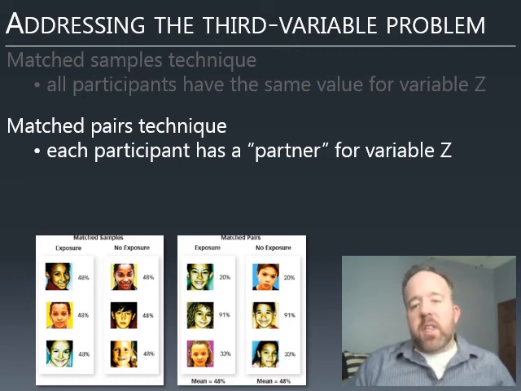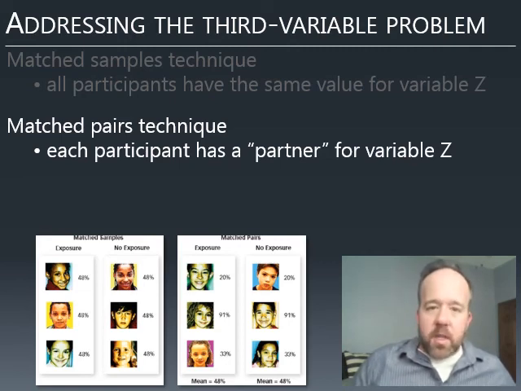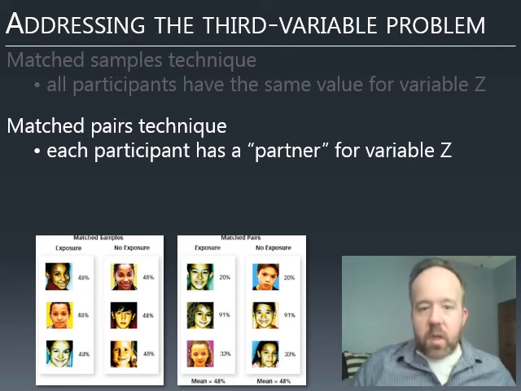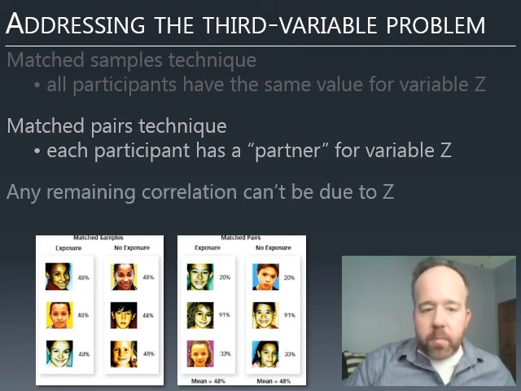So it's not that everyone has the exact same value of Z, but for every person that watches violent TV, there is a counterpart that doesn't, that has the same level of adult supervision. So this way, the average amount of supervision works out to be the same between the two groups. And that's another way of going about it.